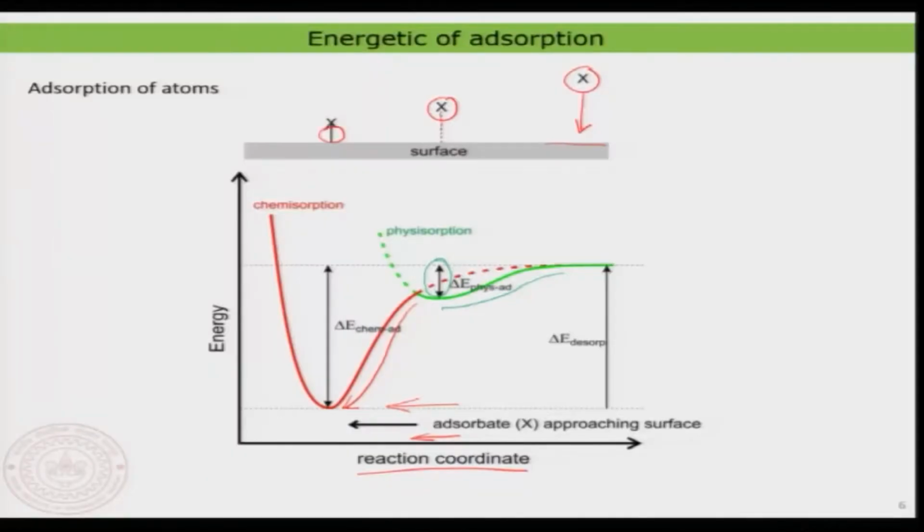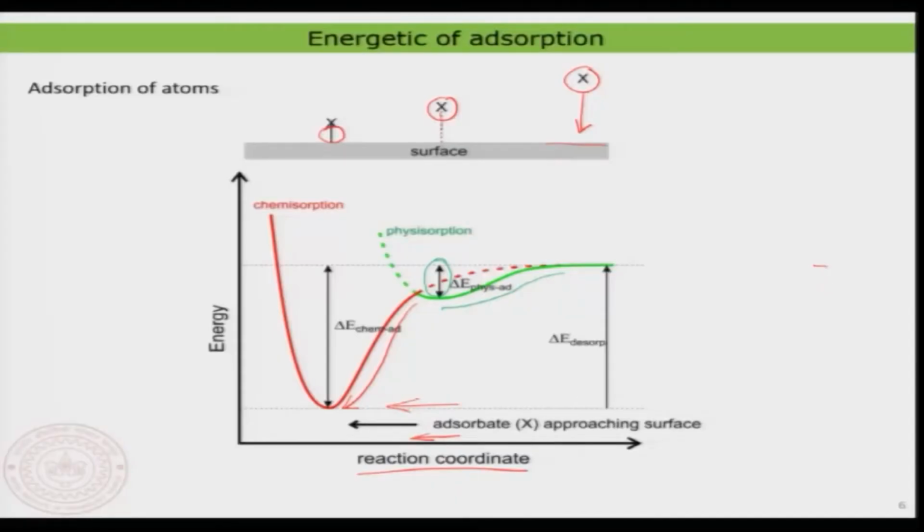So, it also depends a little bit, but the overall picture is this: as you put the atom closer to the surface, it first physisorbs, weakly interacting, so there is an energy gain, and then finally it goes down. So, the total energy diagram would be from a starting point like this, a small energy gain and then a further strong energy gain, and then finally it goes like this along the path.